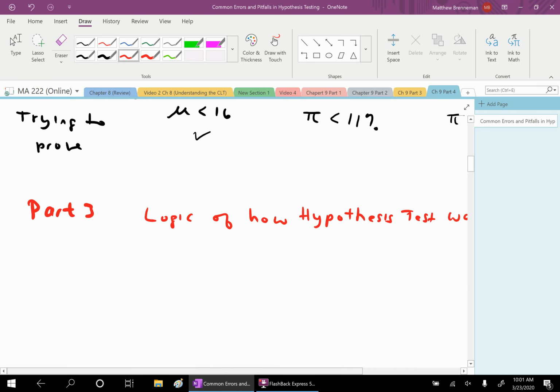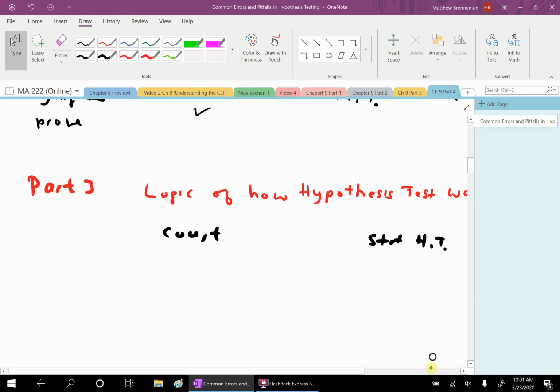And we said, just like in a court trial, we have two hypotheses, okay? So this is court, and this is a statistical hypothesis test. People abbreviate hypothesis test as HT, okay?